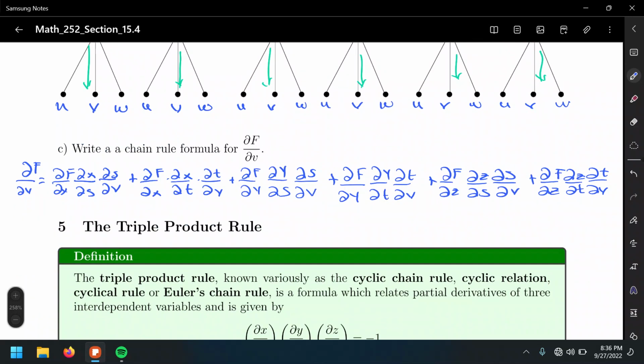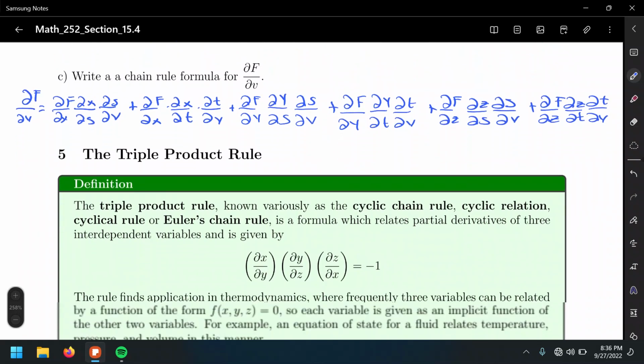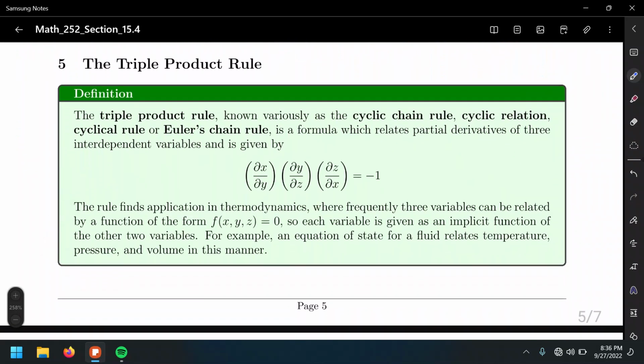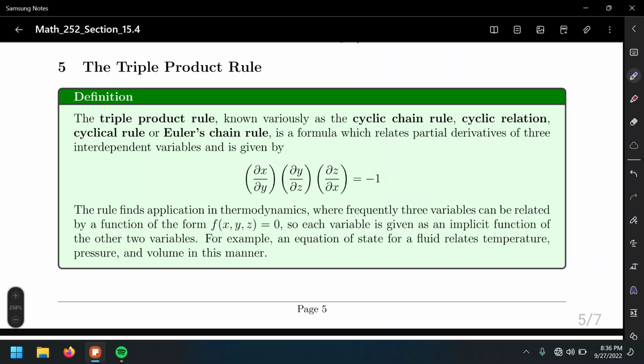All right, so let's do the last topic for this section. Actually, this is not an official topic I'm supposed to cover, but the reason I like to do this is because most, if not all of you, are set to take a thermodynamics course, regardless of your engineering major, electrical, civil, etc. I have friends who have taken this thermodynamics course.